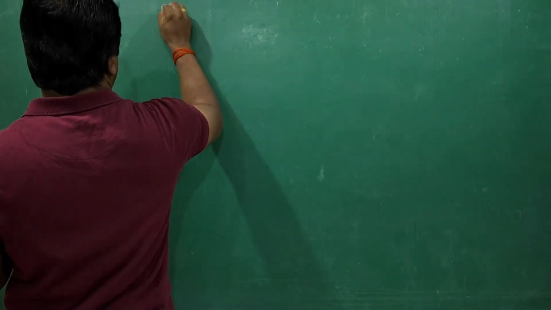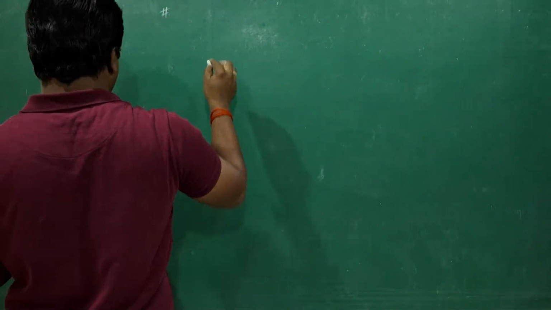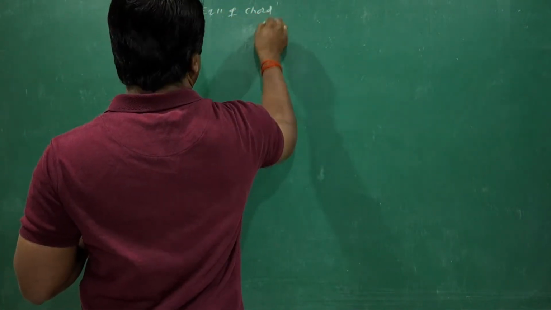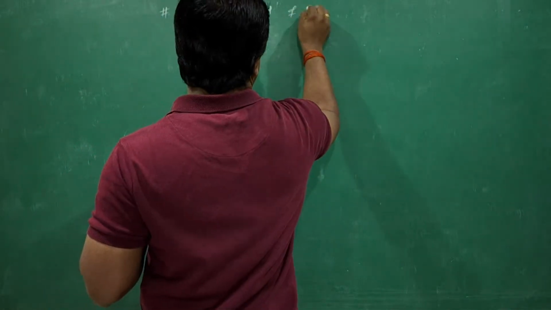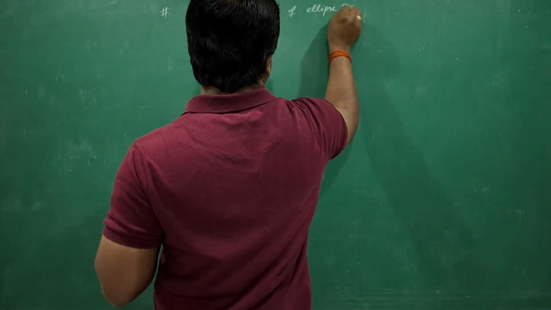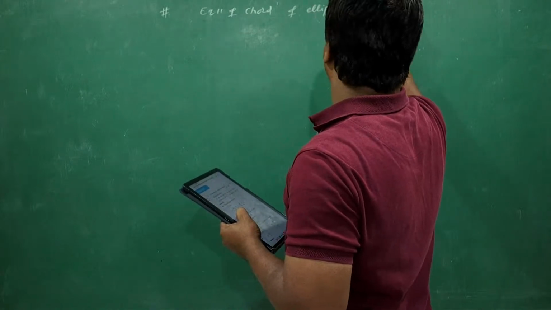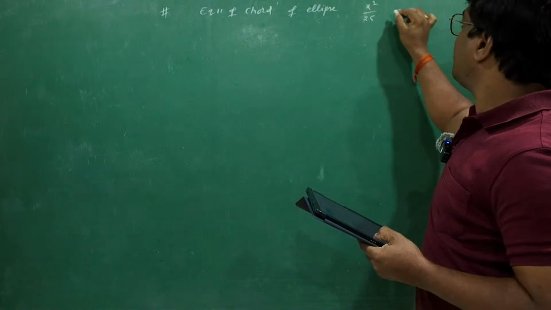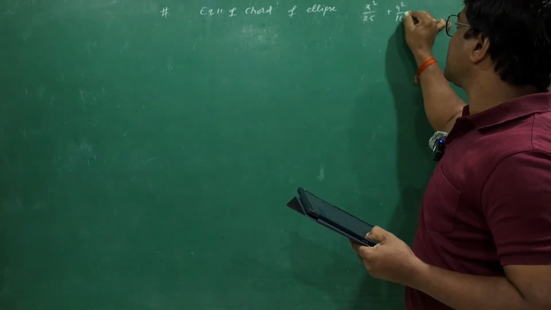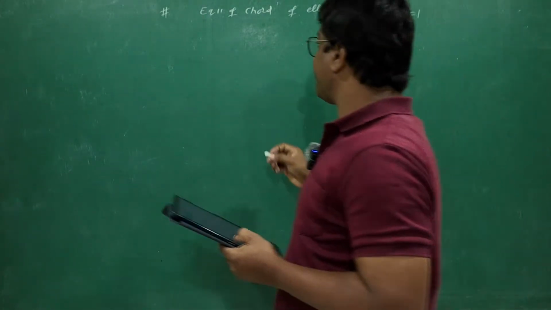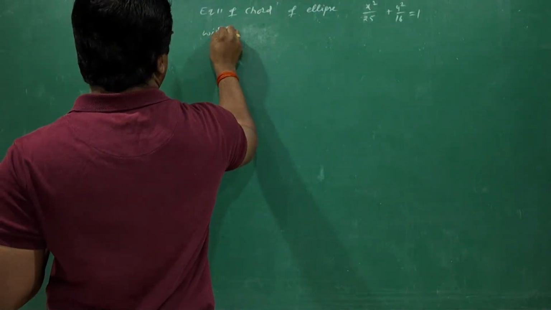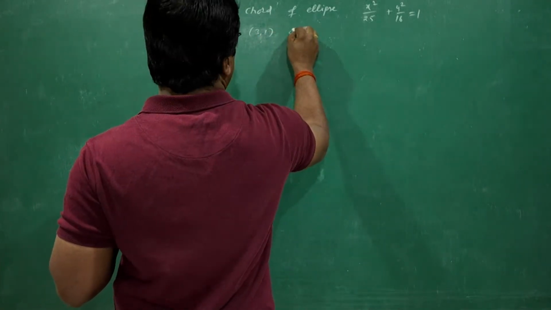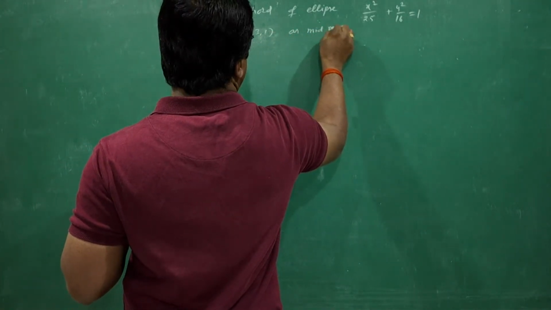Next question from conic section. Simple question. Equation of curve of ellipse in standard form given x square by 25 plus y square divided by 16 equal to 1 with 3, 1 as midpoint.